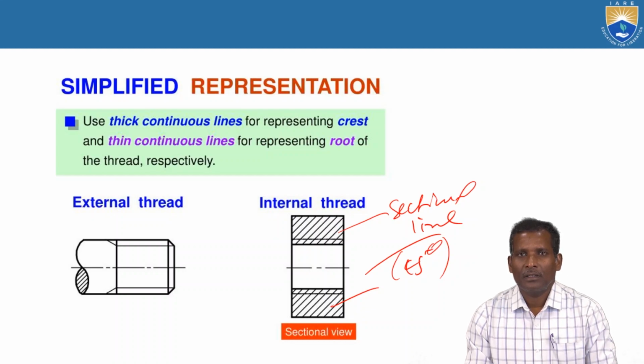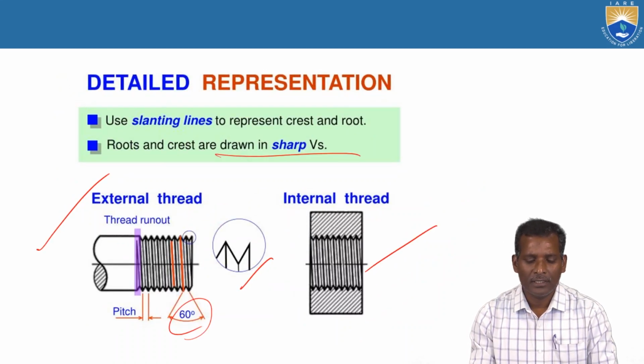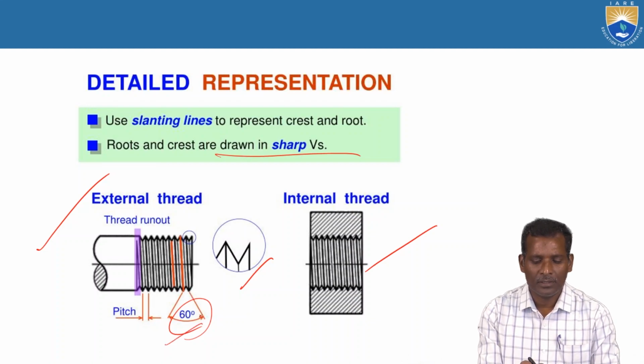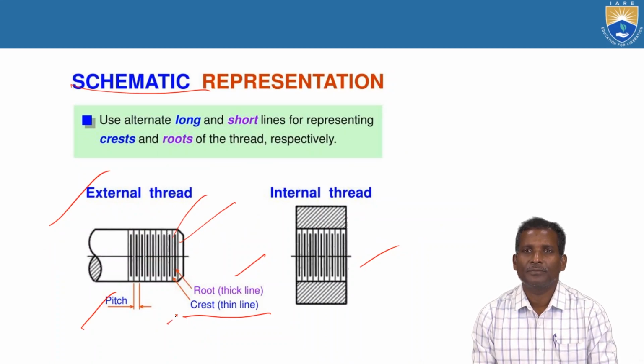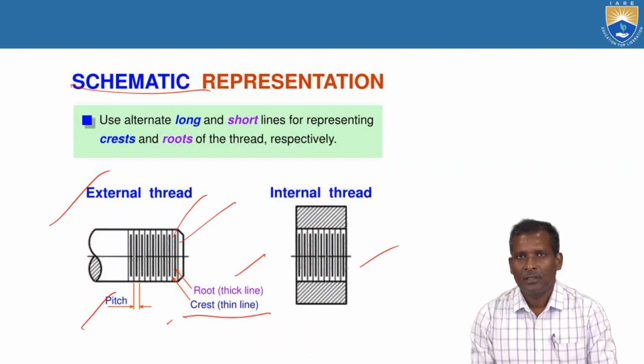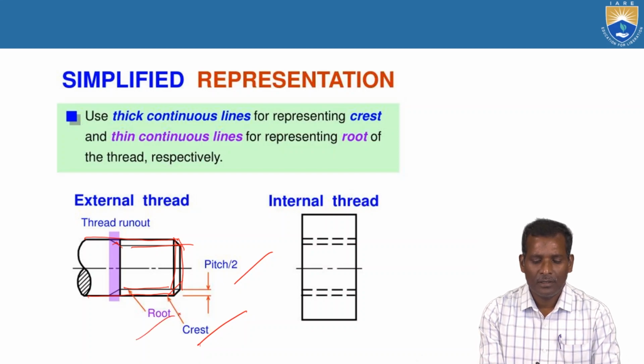So here, the detailed representation is like this, the angle and then the pitch. In this schematic representation, how to represent root and crest. And in simplified representation, root and crest and pitch.